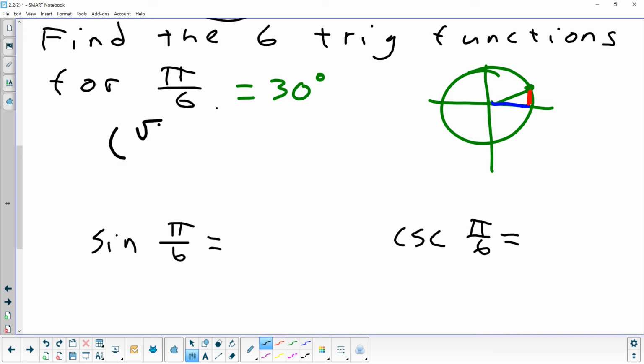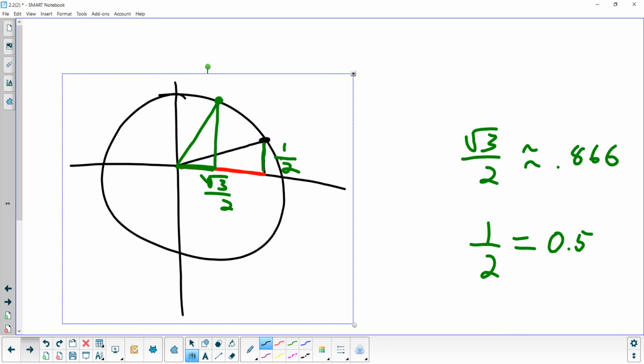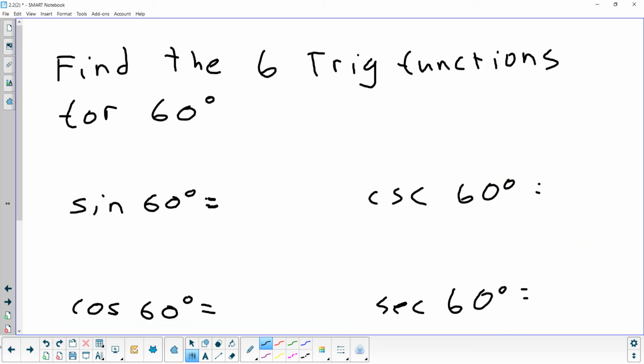Square root 3 over 2. So the long side is the x. The short side is always the 1/2, and this time the short side is up and down. That's the y. All right, now we've got our coordinate. It's just like a problem we did yesterday. So we'll do the 30 together, and then I'll let you try the 60 on your own.